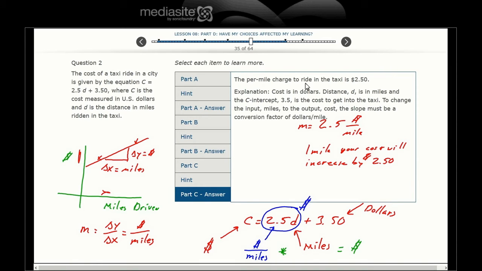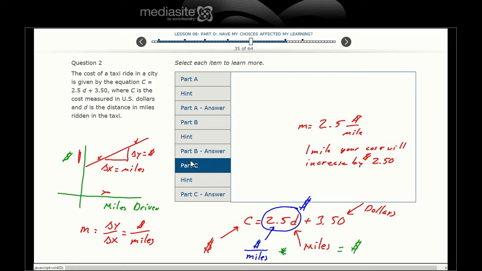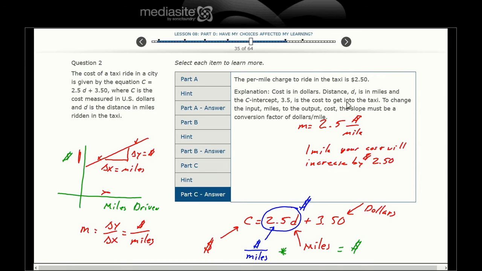The per mile charge of riding the taxi is $2.50. Yeah, that's about what we said there.